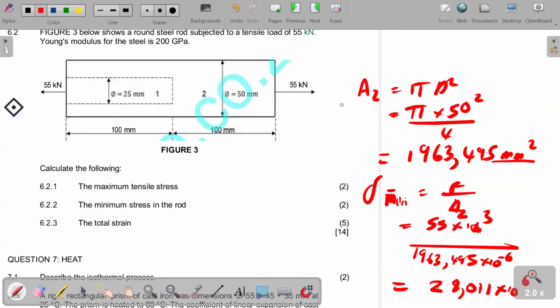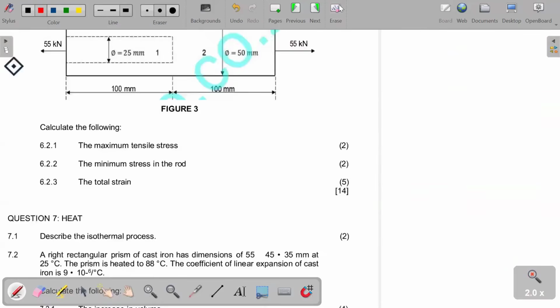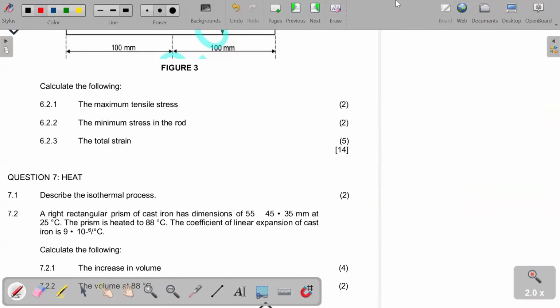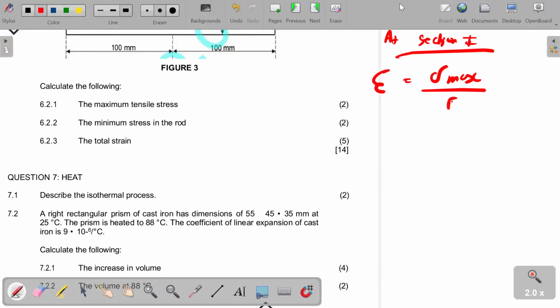So this first section, the strain is going to be given by, at first section 1, which one is it? The one where we are having the maximum stress, of course, over E, the Young's modulus.